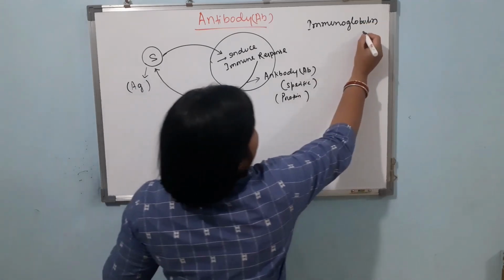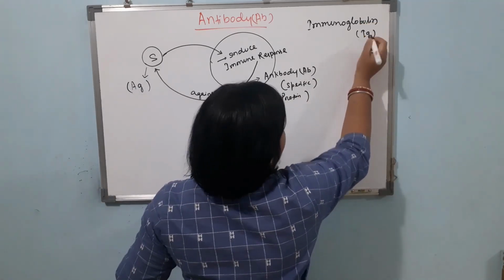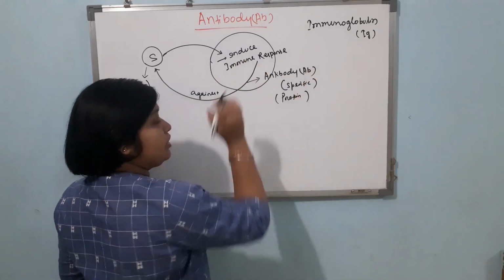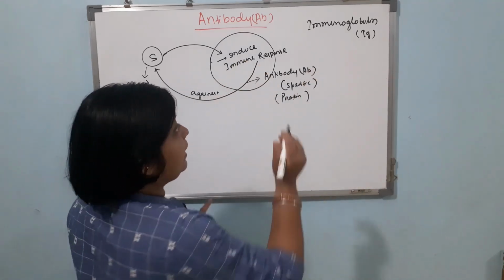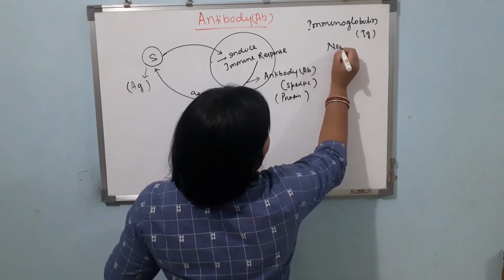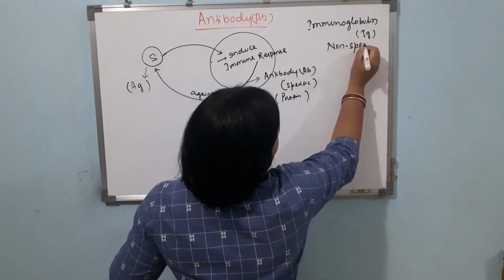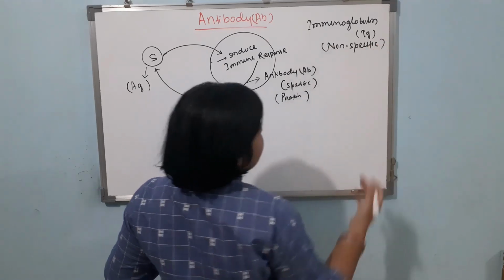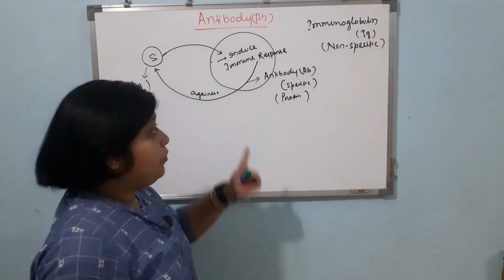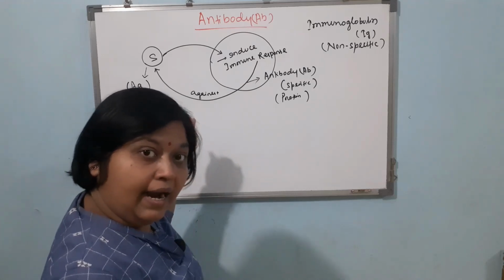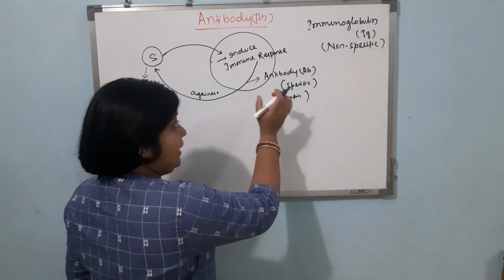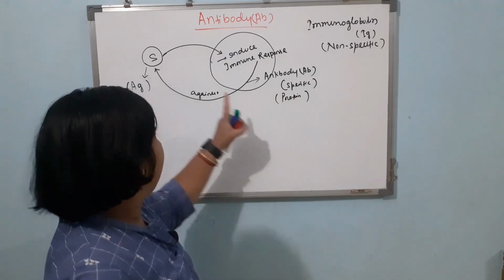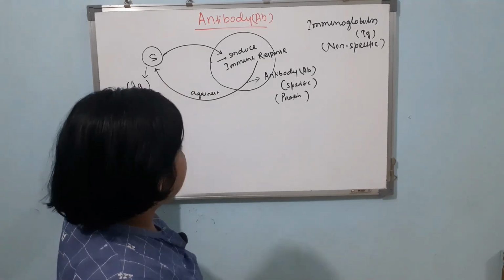Those are protein in nature and they are also produced due to immune response, but they are non-specific. It means they will not bind with that particular antigen, but this antibody will bind with that particular antigen.